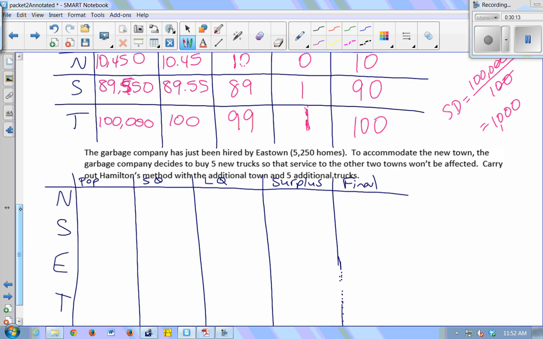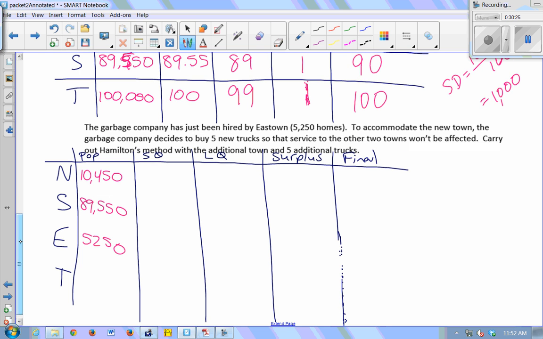So I have 10,450, 89,550, 5,250 for Easttown, and that should add up to 105,250. Which means now I'm going to have a new standard divisor because I have a new total population and a new total number of trucks. So my standard divisor is going to be 105,250 divided by 105 trucks now.